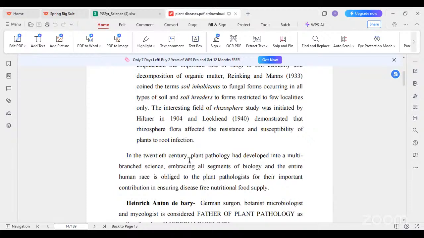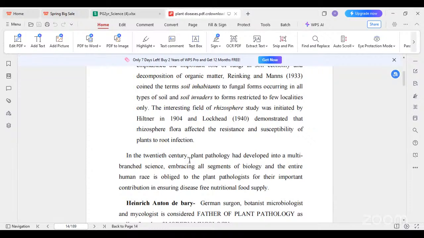The interesting field of rhizosphere studies was initiated by Hiltner in 1904, and Lockhead in 1940 demonstrated that rhizosphere flora affected the resistance and susceptibility of plants to root infection.